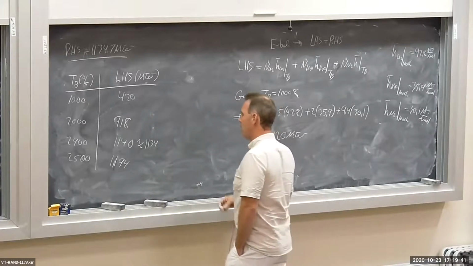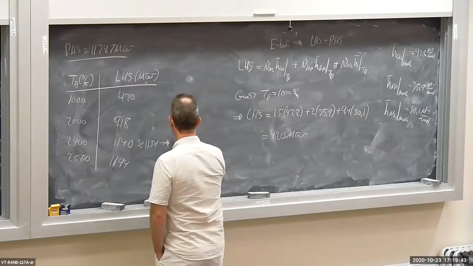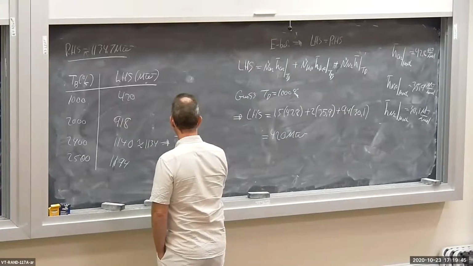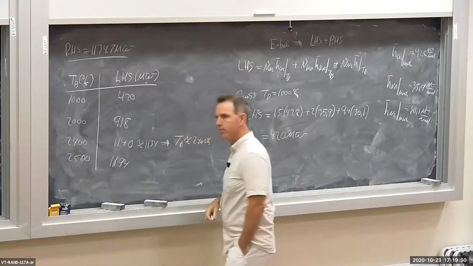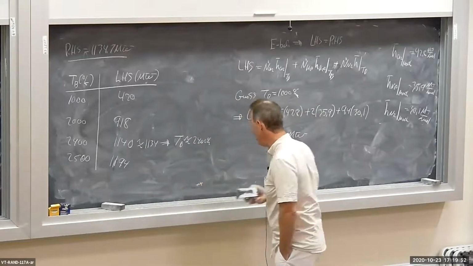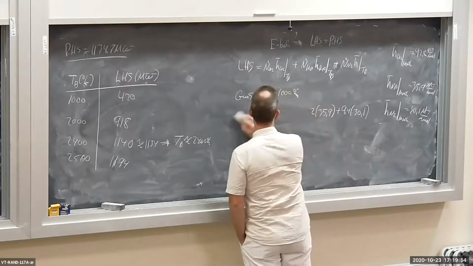So that tells me TB is approximately equal to 2400 degrees Kelvin.